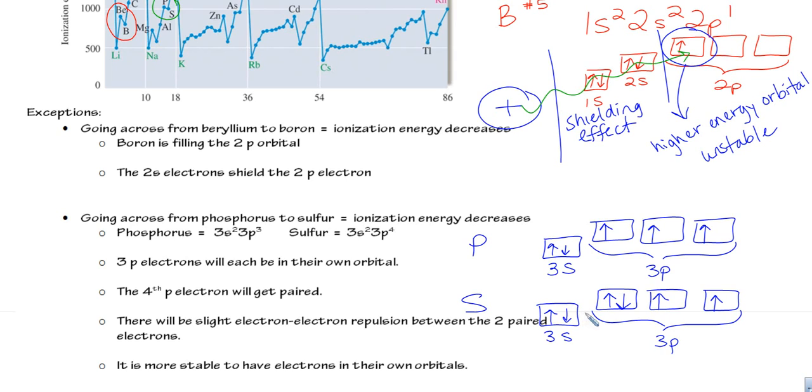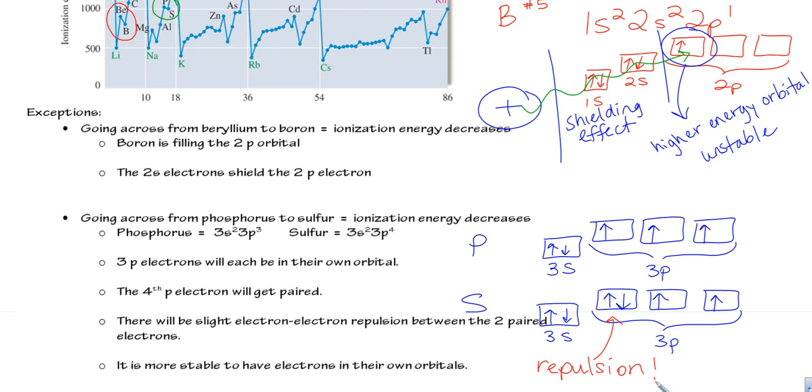But with sulfur, when we had to go up back here and pair them, this is going to cause repulsion. There's going to be a little electron repulsion. It would be more stable to have 3 p electrons versus 4.